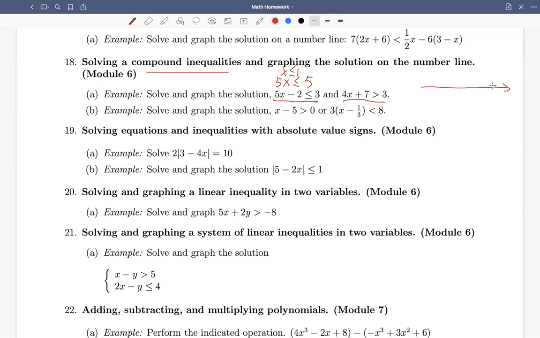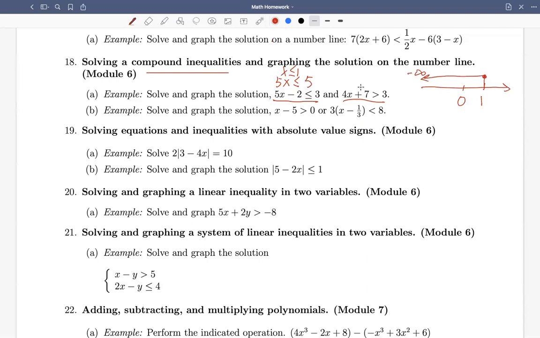Let's graph it to make it visual. 0 sits in the middle, 1 is here. x is less than or equal to, so a solid dot. If there's no equal sign, only less than, we make an empty circle. All of this is less than, so heading towards negative infinity. So that's the solution for the first inequality.